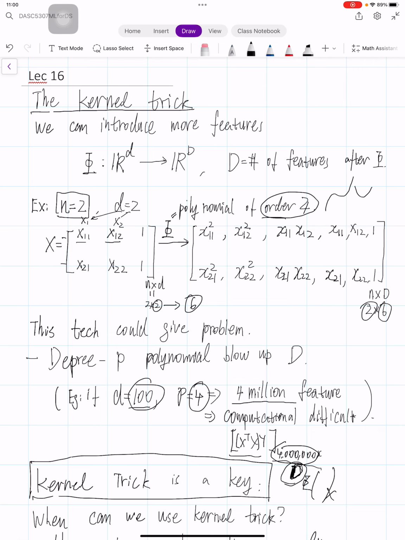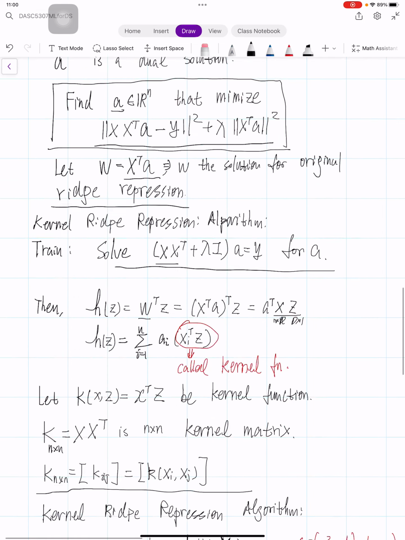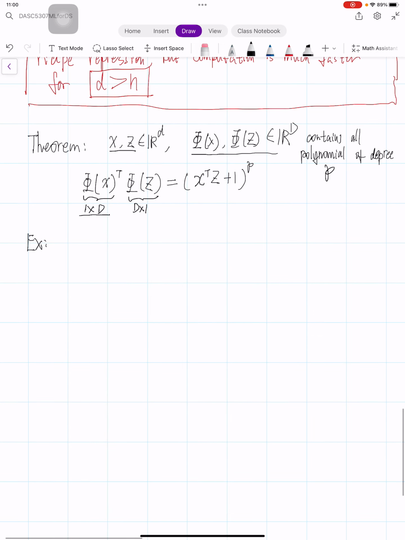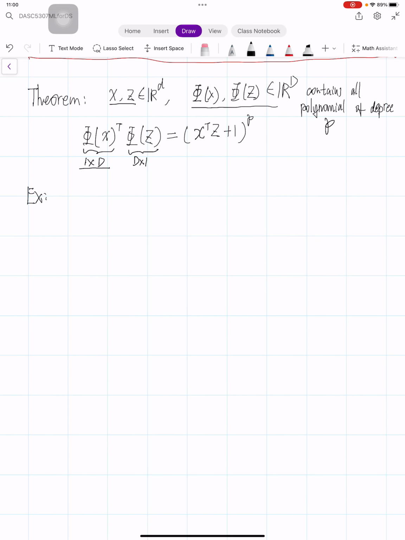Suppose n is 2, we have 2 samples. Suppose we want our kernel to have the features of polynomial degree 2, so p equals 2.